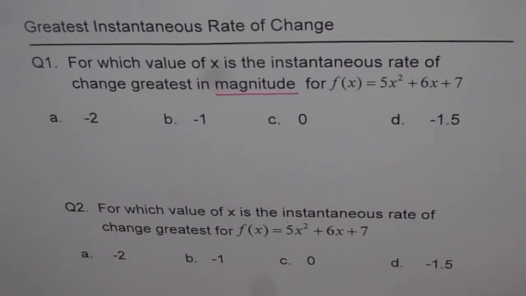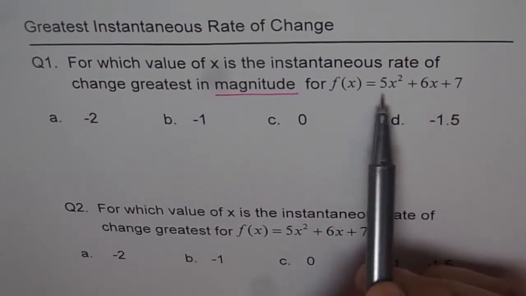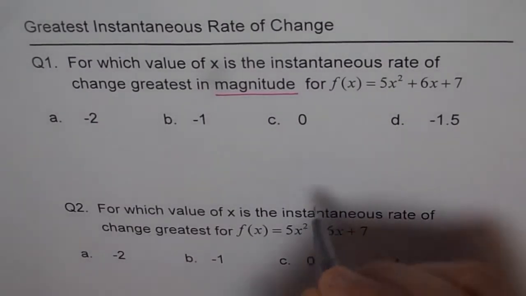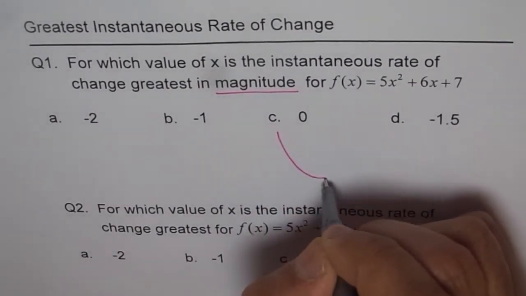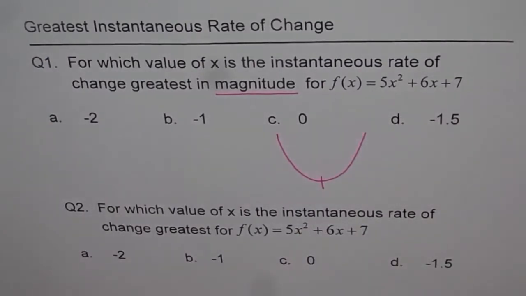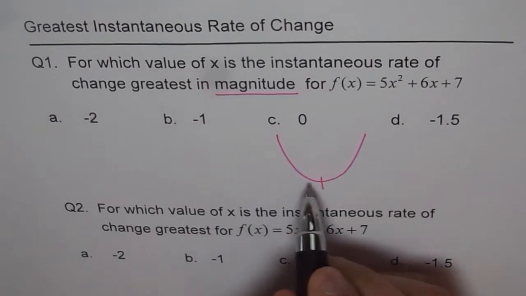Here is my suggestion. Now, critical things are, this is a parabola with positive leading coefficient. That means the graph will be like this. In a parabola like this, the rate of change is always increasing from left to right.